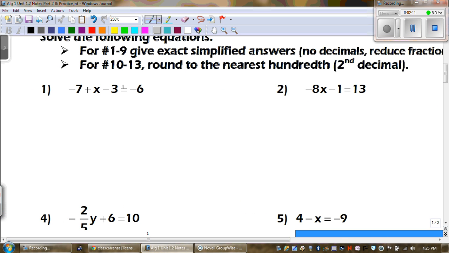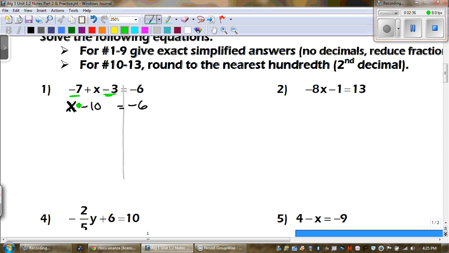All right, so I'm going to draw the line, and I'm looking to see if we have any like terms on the left side. We can combine the negative 7 and the negative 3. Together, that gives us negative 10. So x minus 10 equals negative 6.